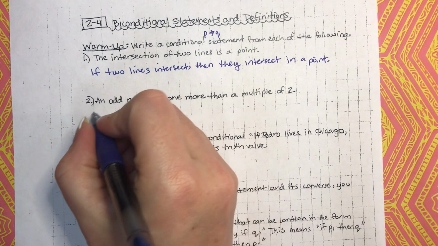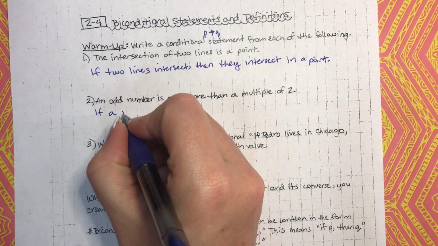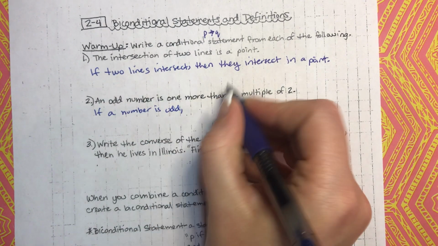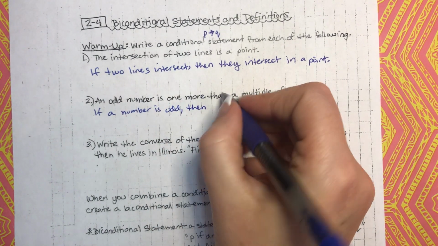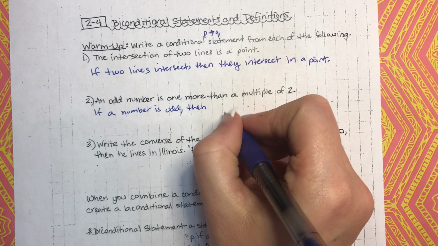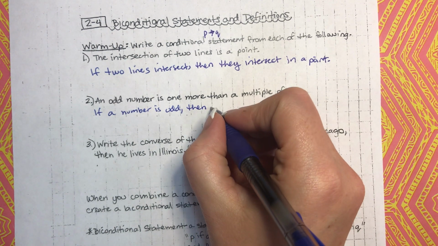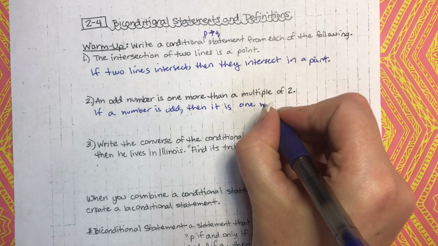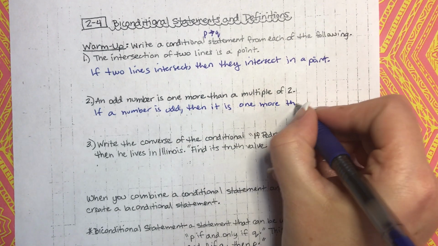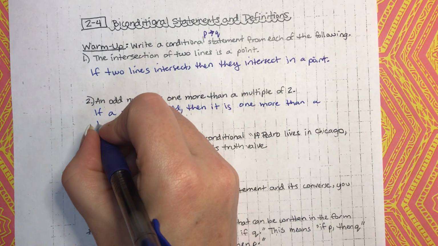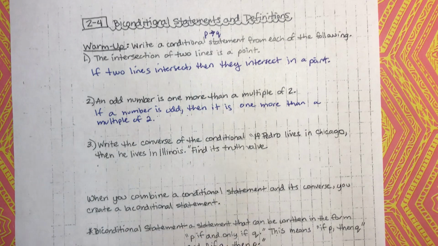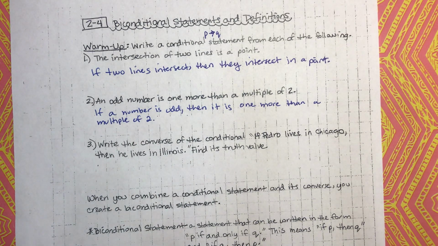So what we would say is if a number is odd, then it is 1 more than a multiple of 2. Okay, so if a number is odd, then it is 1 more than a multiple of 2.